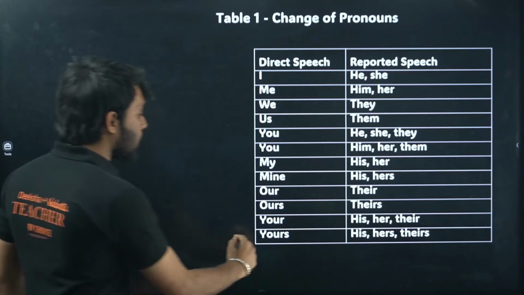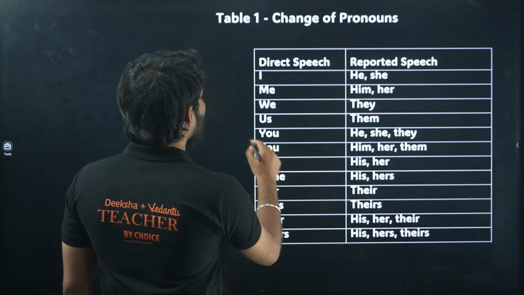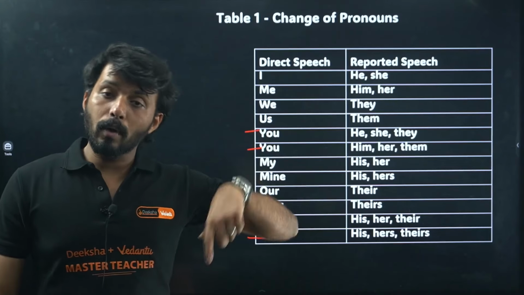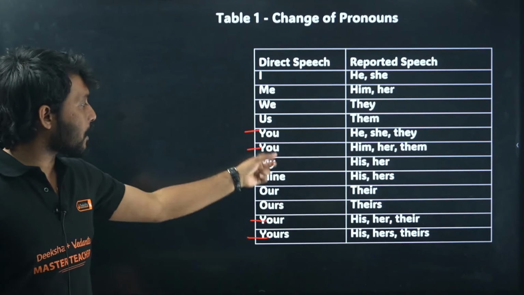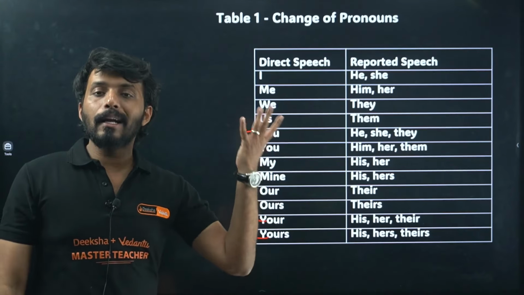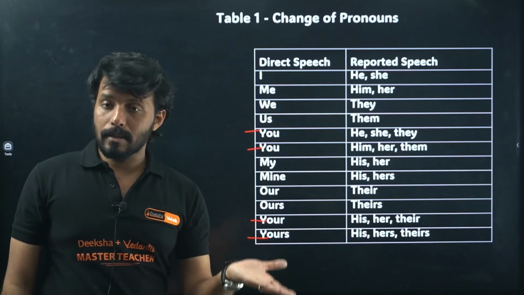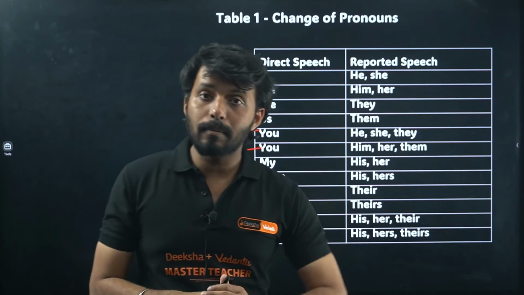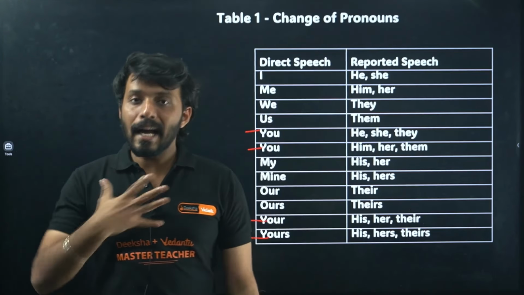One thing you should keep in mind: you will never get a second person when reporting. In direct speech you may get second person, "you are here, you are there," but when reporting you will never get a second person. What is second person? You. When I'm addressing you, that becomes second person. What is first person?